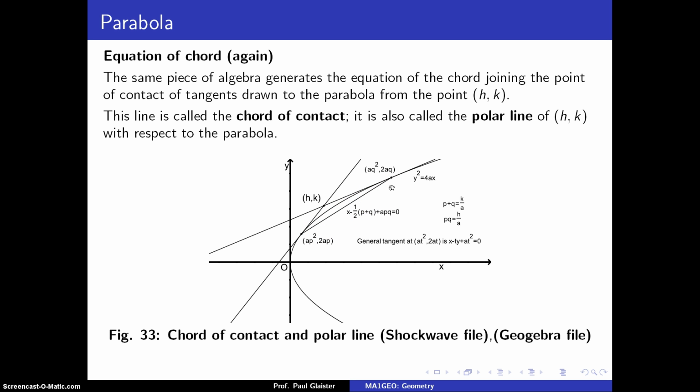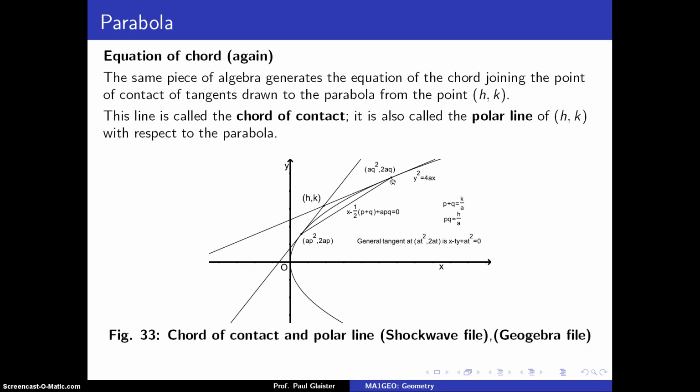Well, let's suppose that the two points that are tangents drawn from HK have parametric coordinates (AP squared, 2AP) and (AQ squared, 2AQ). Now, we don't particularly want to work them out, but we can write down that's what we're going to call them.